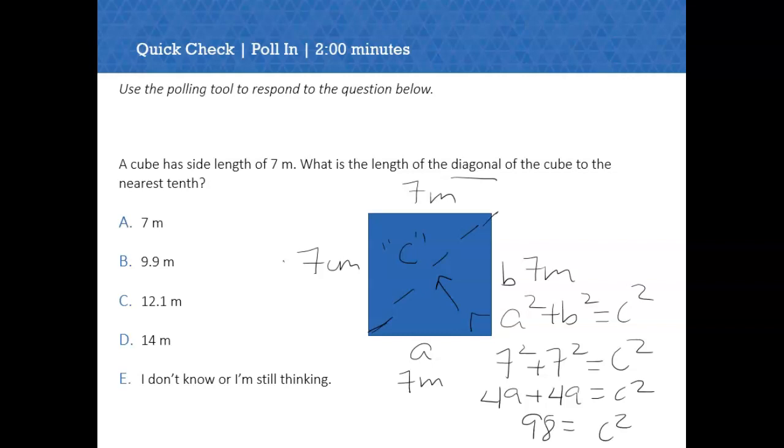Then we need to square root to get C by itself. The square root cancels out that squared. So the square root of 98 is 9.89. It says round to the nearest tenth, so that's 9.9 meters.